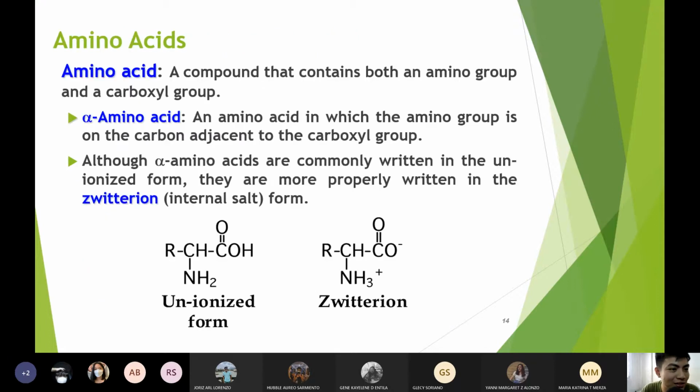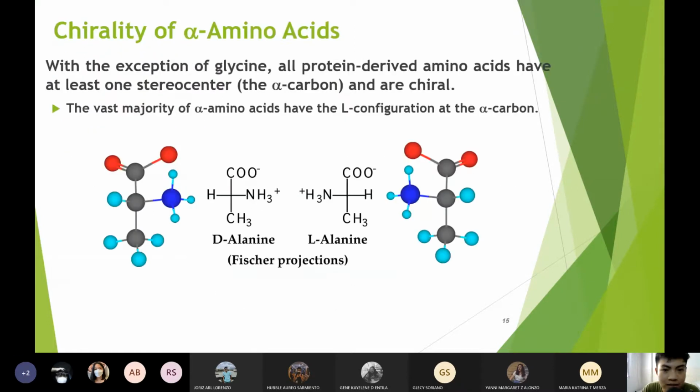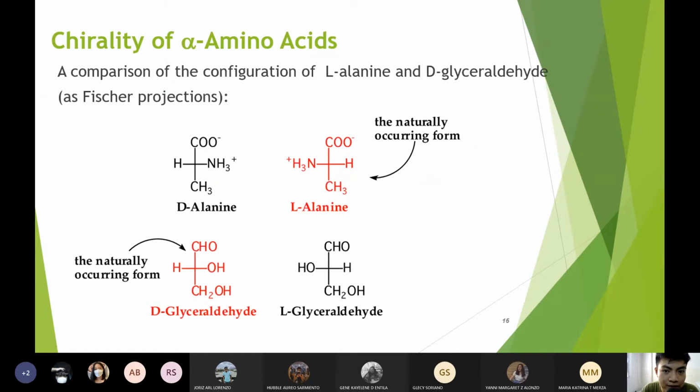So, we are also able to have an overview of the structure of our amino acids. Our amino acids are typically in the L formation or the L isomer rather than the D. Remember that D is the common stereoisomer for sugars, but for amino acids, it's L. Why? Our answer is not convincing, but that's it.